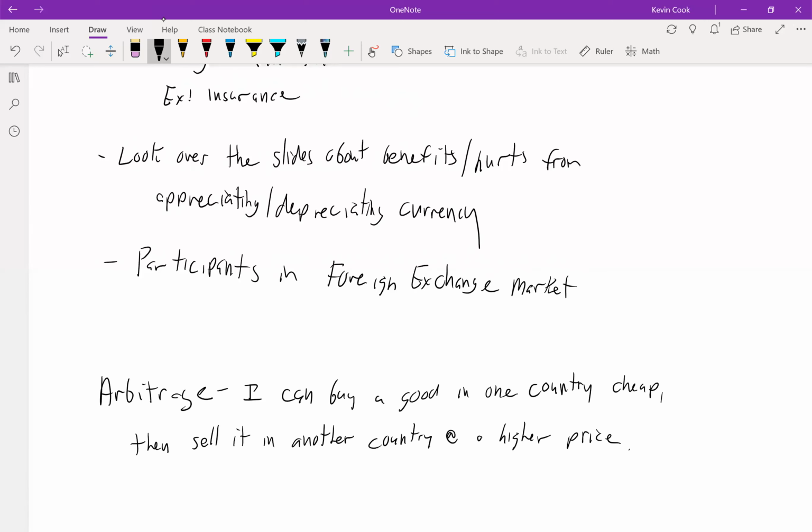And with arbitrage, normally we'd be taking advantage of some differences in the exchange rate. So maybe it's cheap to live in some countries, more expensive than others.